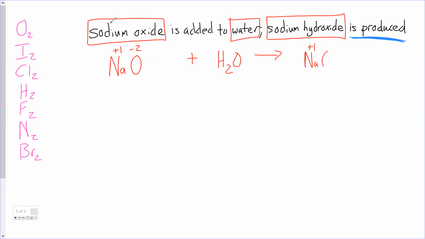Close, yes, it's OH though. And this one also has a -1 charge. So most of you are doing this and going right into balancing. But we need to box it when our formulas are correct. So I know H2O is correct for sure. All right. What about these other two? Are they correct? No, which one's wrong?